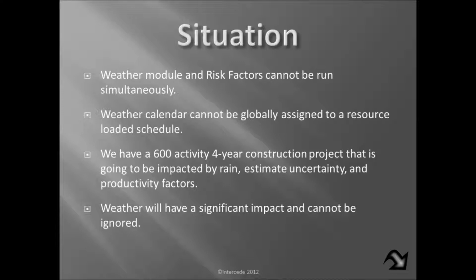One of the problems we have within PERT itself is that it's difficult to assign the weather module, because they use a resource to do that, and it's kind of difficult to assign a global resource to an activity once you're within the weather module.